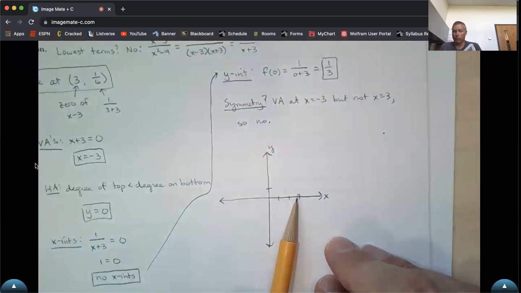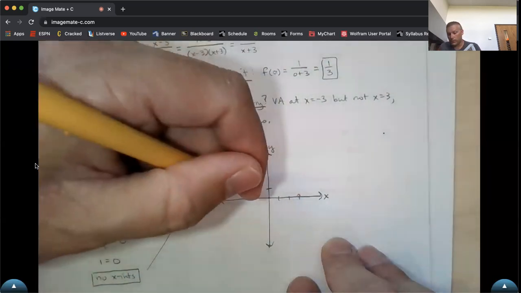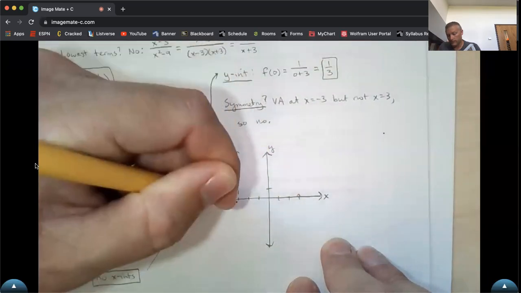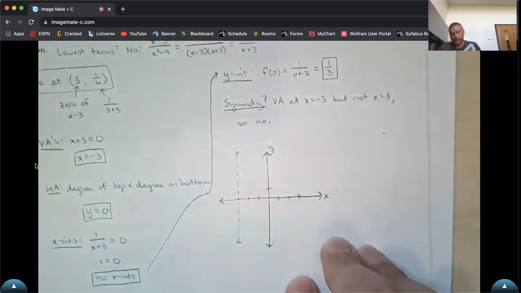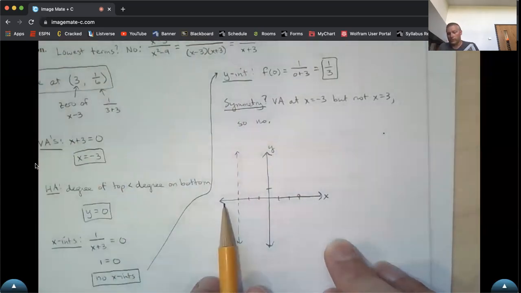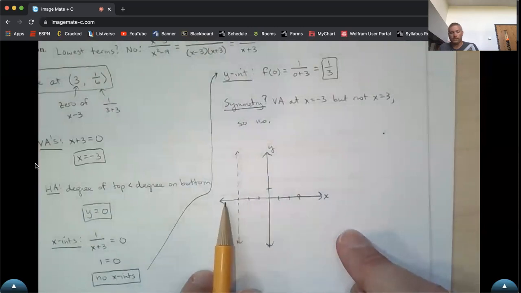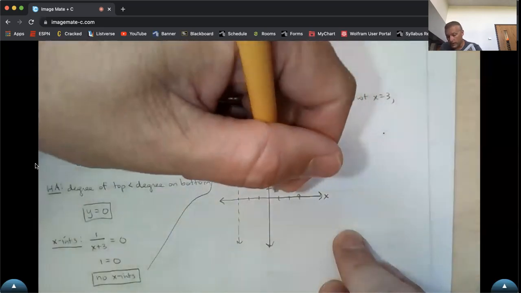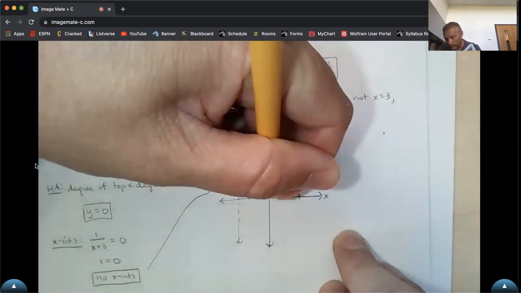So you can just see that hole almost on the x-axis. We found a vertical asymptote at -3. We see a horizontal asymptote of 0. That's just the x-axis. There's no x-intercepts, but 1/3 is a y-intercept. So, maybe somewhere around here.